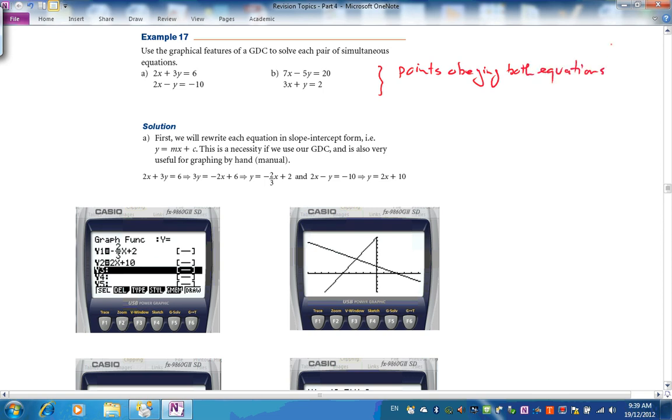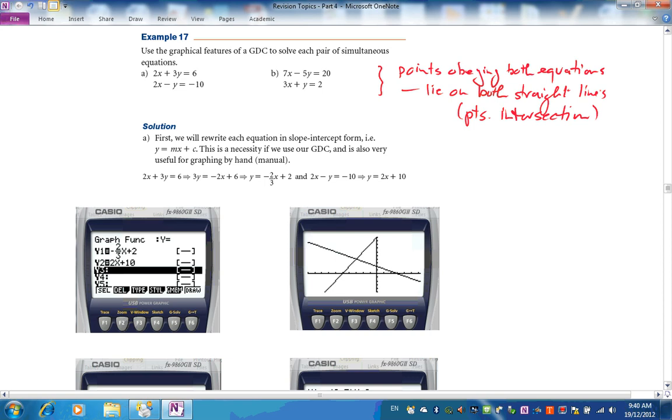If points obey both equations, they are the points that lie on both straight lines. So we want to see where the lines intersect. They are the points of intersection. So the solution set to a pair of simultaneous equations is the points of intersection. Well, with two straight lines, of course, there's only going to be one point of intersection, if that.